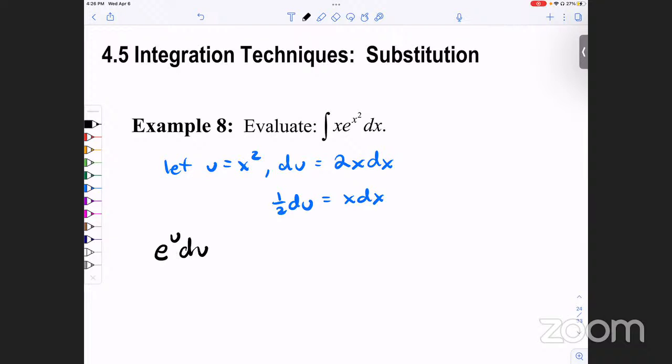du, but we got to multiply by a half. And I'm going to put my half out here just for the sake of simplicity. So I just moved the half to the front. Okay. So now to integrate, the integral of e to the u is itself, it persists.